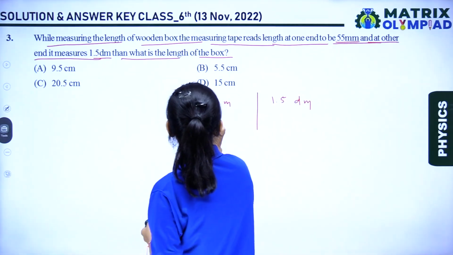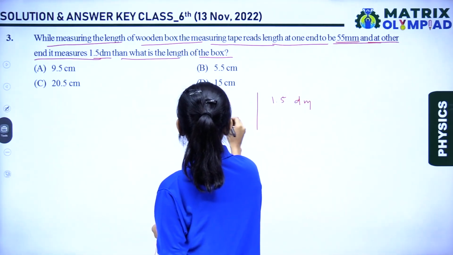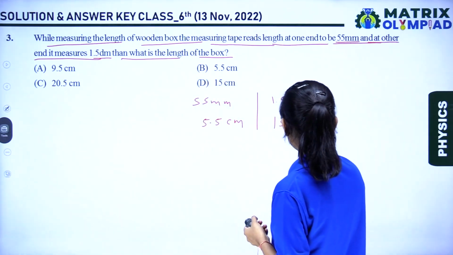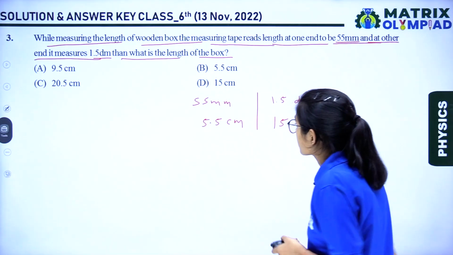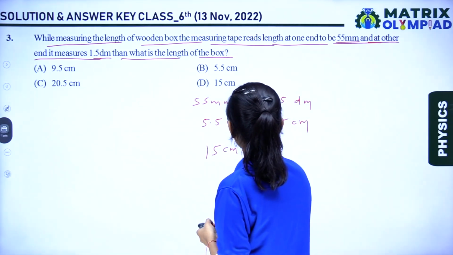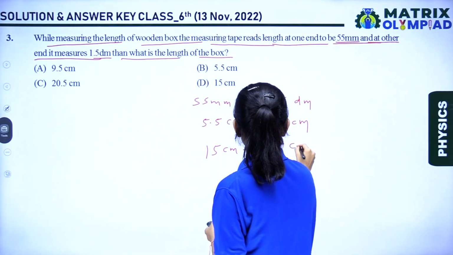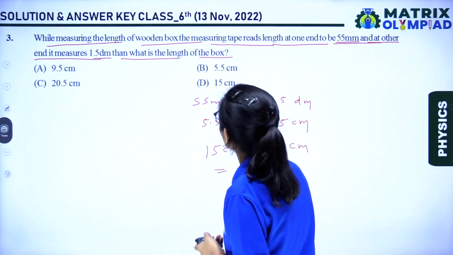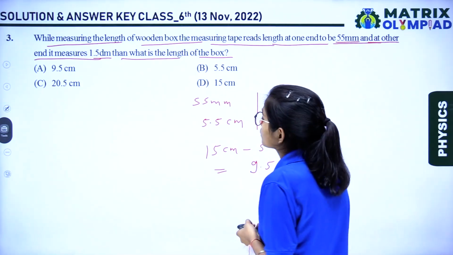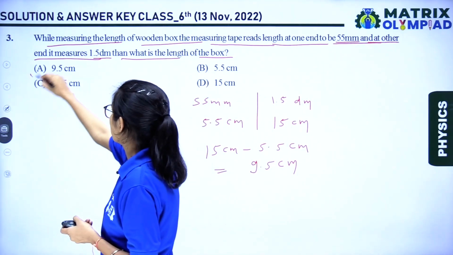If we convert these values into centimeter, then this will be 5.5 centimeter and this will be 15 centimeter. Now just find the length of that object. That will be 15 centimeter minus 5.5 centimeter. So the length of that box will be 9.5 centimeter. So for the third question, our answer will be option A.